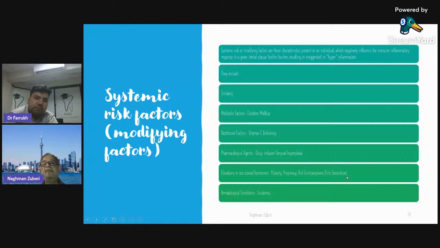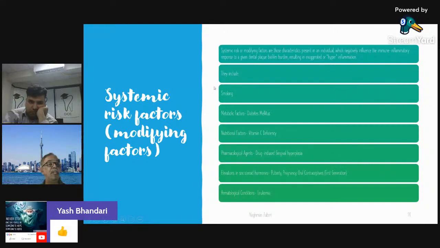Which one? The first generation oral contraceptives. Then hematological conditions like leukemia. These are all systemic risk factors, which we also call modifying factors, out of which, remember, smoking is the most important and commonest modifying risk factor.